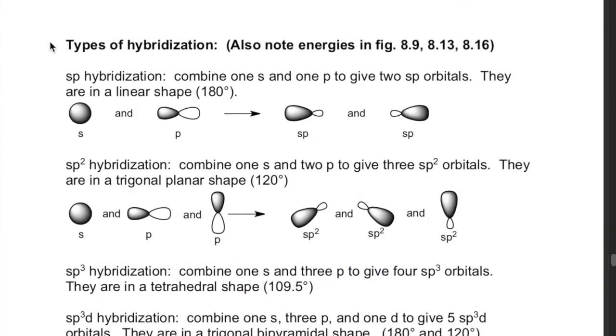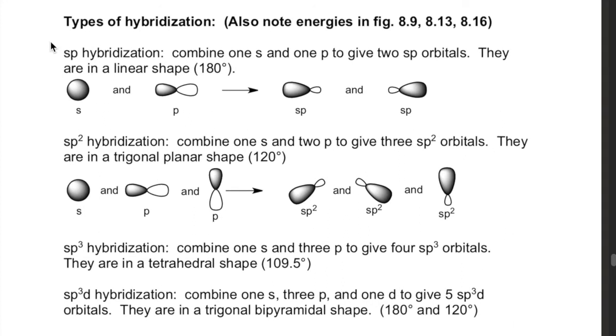Some of these hybridizations just make sense visually. If you combine something with a sphere like an s and only one of the p orbitals, which already has kind of an 180-degree shape, then we get two equivalent sp orbitals, one sticking out on each side of the atom. So here I've put them together.